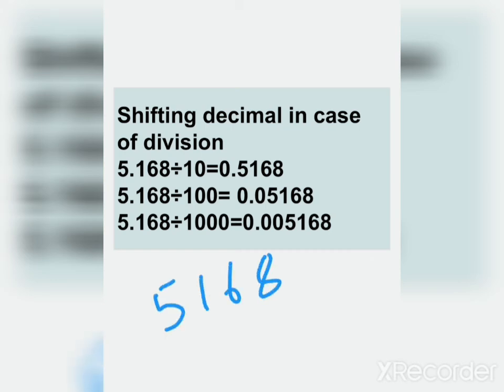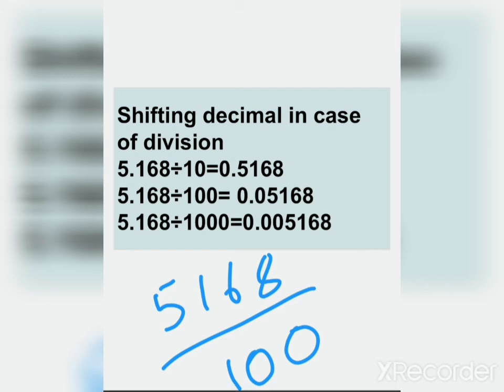Okay, if in any number a decimal is not given, like 5168, you imagine that the decimal point is at the end. If we divide by 100, two zeros are there, so shift the point towards the left, 1 and 2. It will be 51.68.